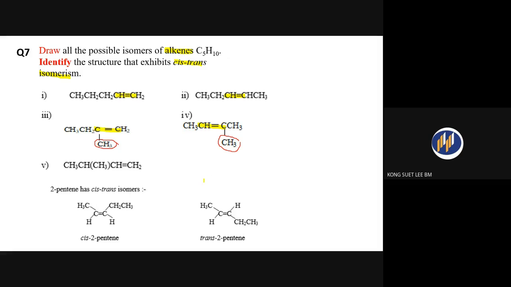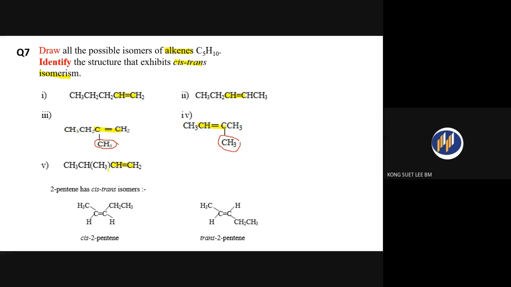Okay, another one. What is this? C double bond C, the first carbon, and then the branch CH3.